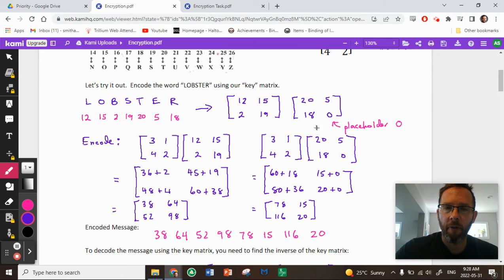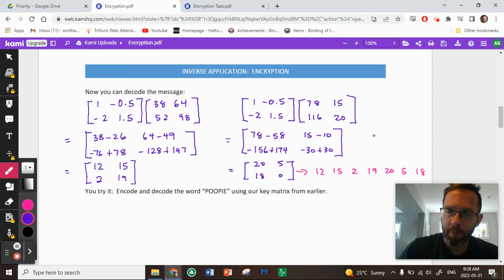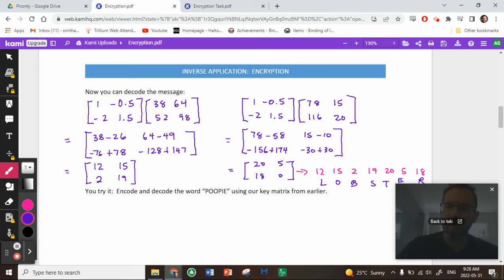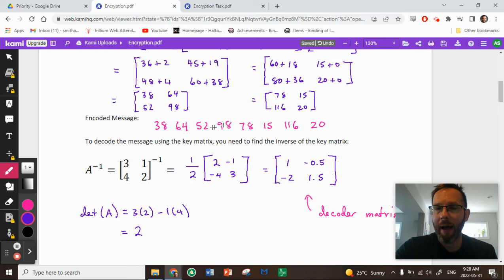And then we obviously know the cipher, those letters of the alphabet, LOBSTER. So we have talked about how to encode a message, but also once you have that encoded message, how to decode it as well.